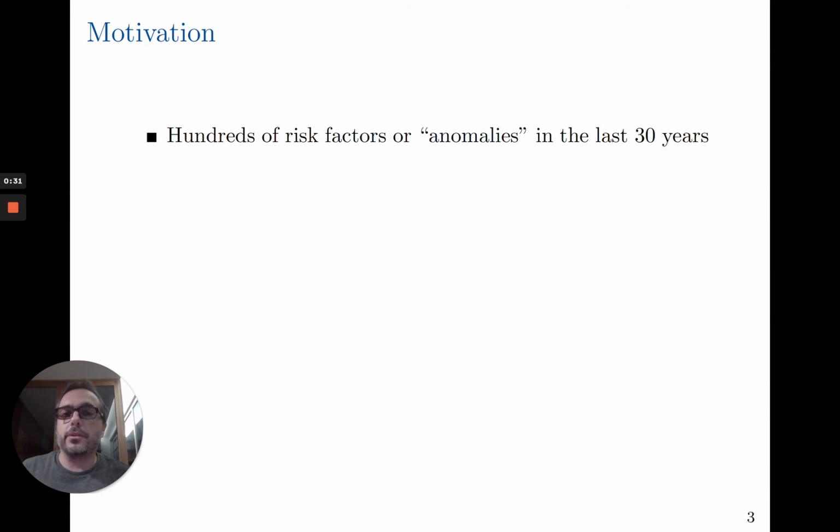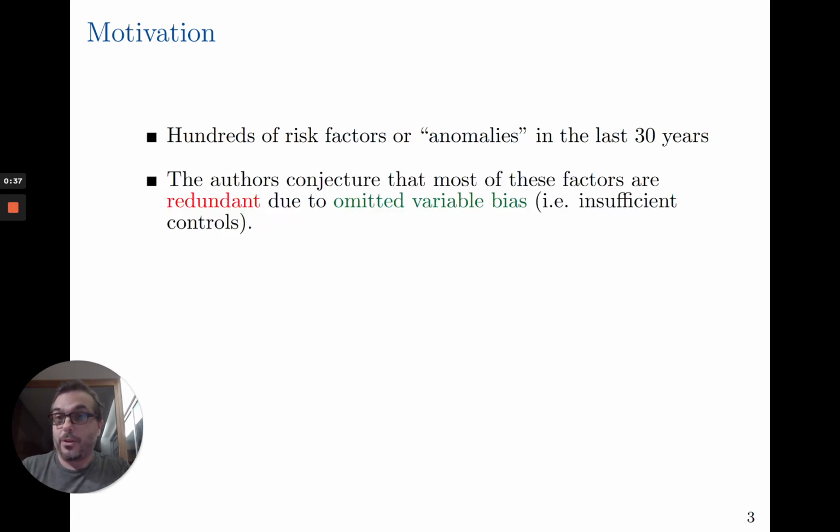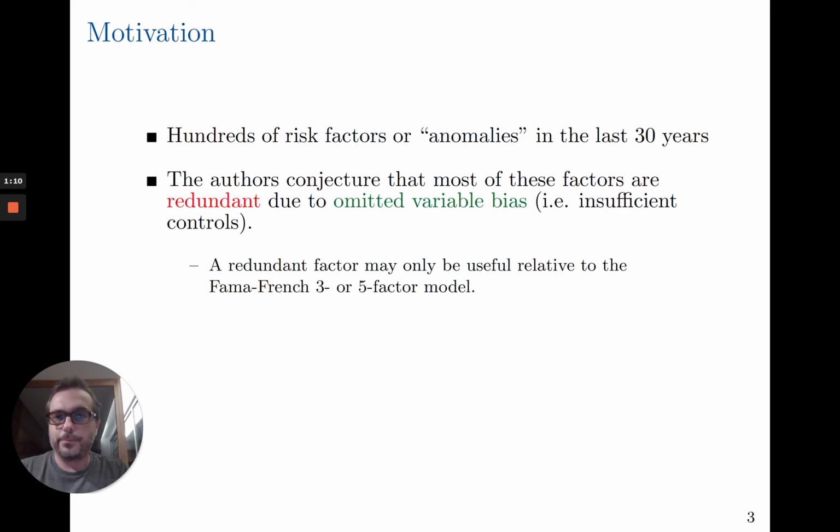Hundreds of risk factors or anomalies have been proposed in the last 30 years, right? So we have what we call the factor zoo, more than 300 different factors. The authors of the paper basically say that most of these factors are redundant, and their significance in asset pricing models is due to omitted variable bias, because the number of controls in the models is insufficient.